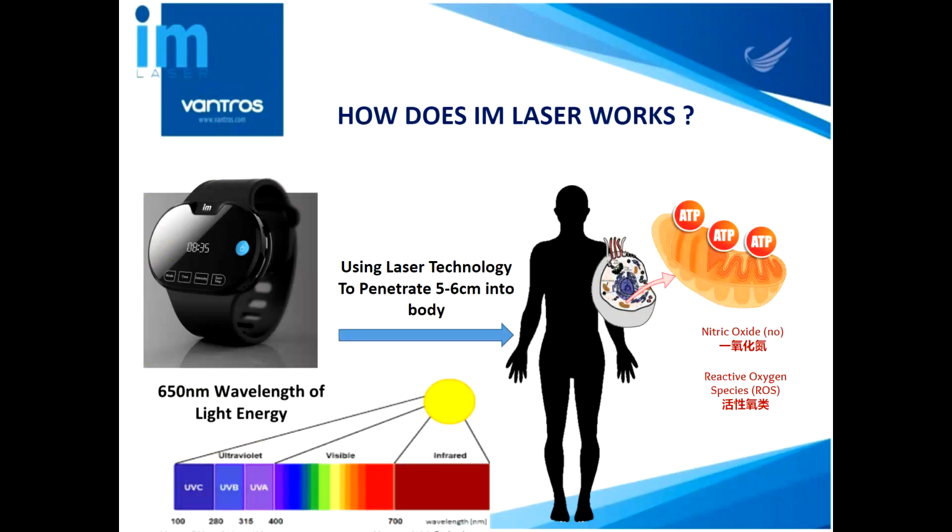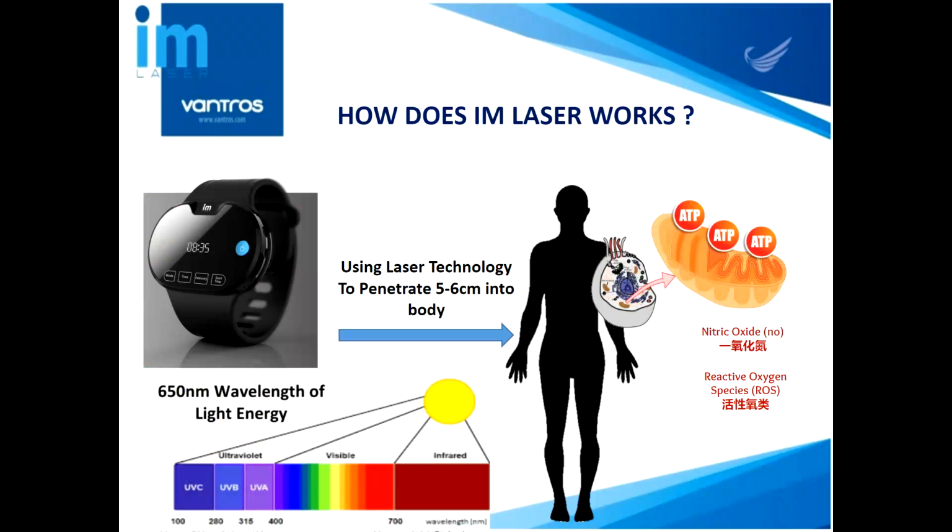5 to 6 centimeters. This makes it very effective, because there are people who ask, if every day early morning after sunrise I go jogging or morning walk, then I can also absorb a lot of this 650 nanometer wavelength. Yes, correct. But you absorb it mainly on your skin only.